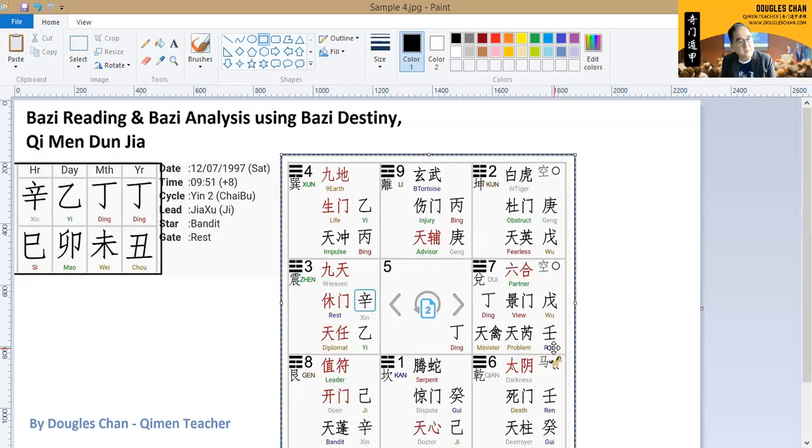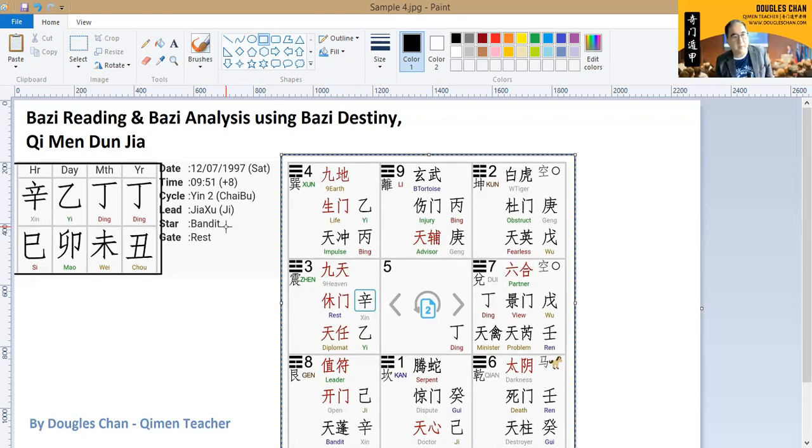Okay, so in order to see the information about this chart, we must identify the person's character, the person's representation in terms of symbol. So what is the symbol that represents this person? In order to see, we have to see the four pillars itself. We have to see one of the symbols that is the main character, the main representation for that particular person.